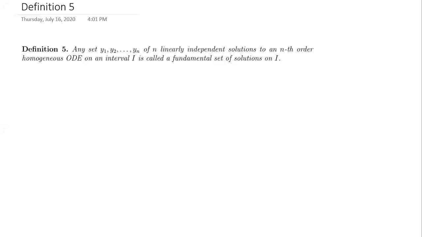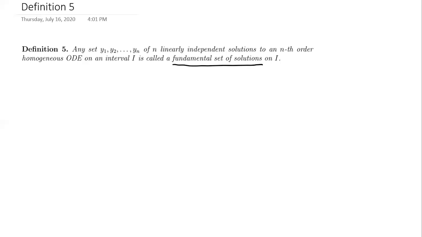This is going to be important. So if you have an nth order homogeneous ODE, doesn't matter the order. Let's say it's a fifth order homogeneous ODE. If you have 5 linearly independent solutions, so as many solutions as the order of a differential equation that are linearly independent on some interval, we call that set of solutions a fundamental set of solutions. Okay.